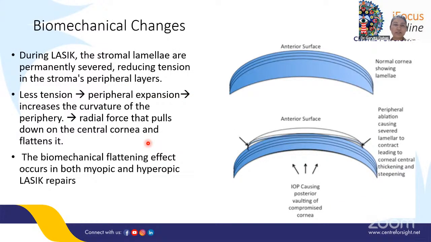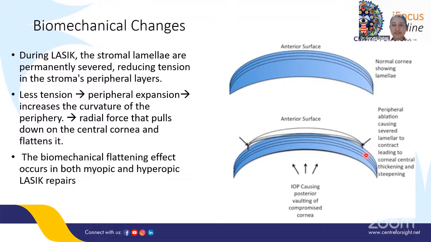For example, during LASIK, as we can see in this diagram, this is an untouched normal cornea showing the arrangement of lamellae, and this is the anterior surface, this is the posterior surface. What happens during LASIK is that when the LASIK flap is formed, the stromal lamellae are permanently severed.